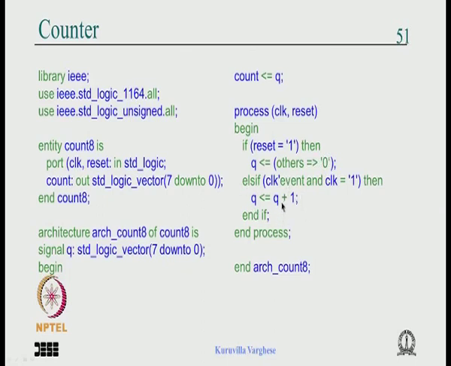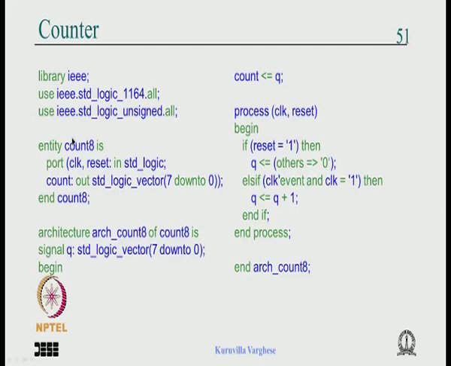And as I said, this plus, where one side is a standard logic vector and the other side is an integer, is an operator normally used for integers, which is overloaded in this particular package. That's why we use this package.